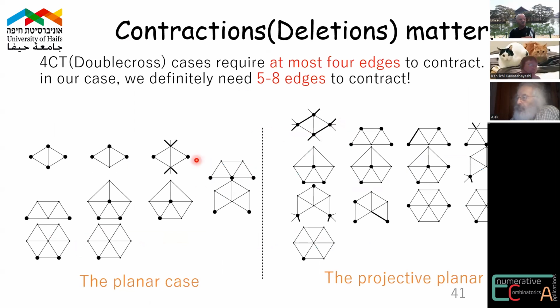If you look at reducible configurations in the planar case, they only have to delete four edges to contract. In our case, it could be 5 or 8 edges to contract or delete to make a reduction. And that's going to be the problem.